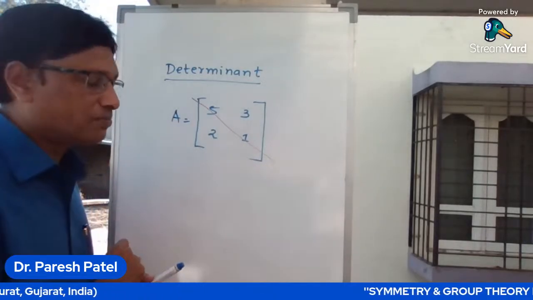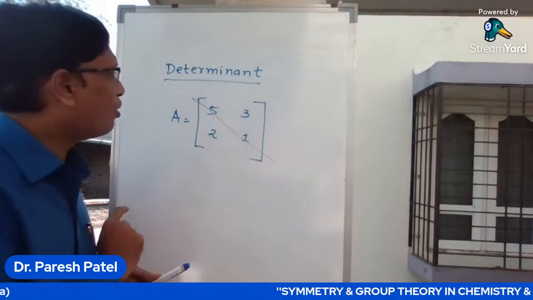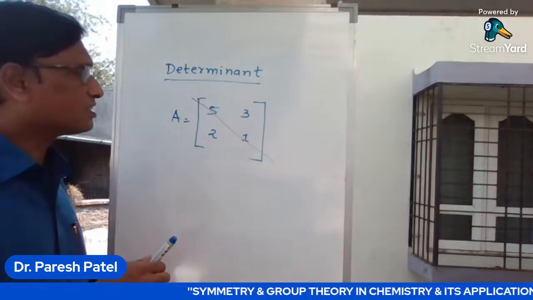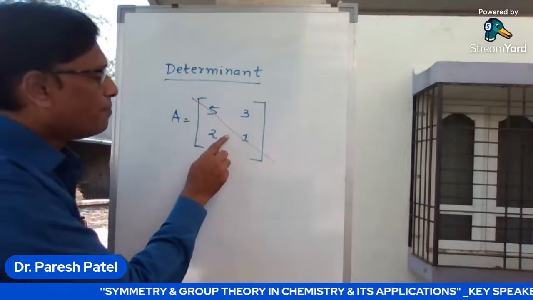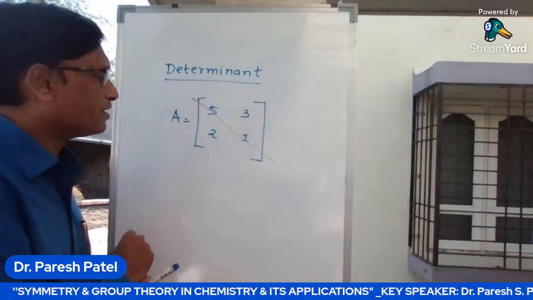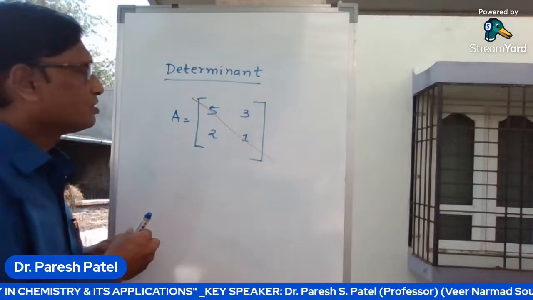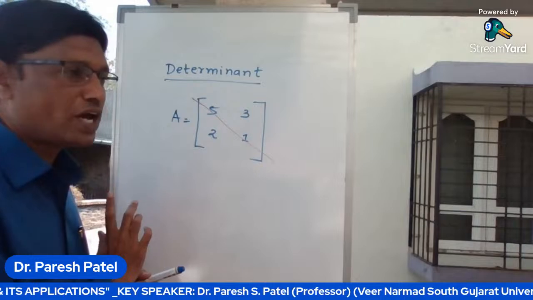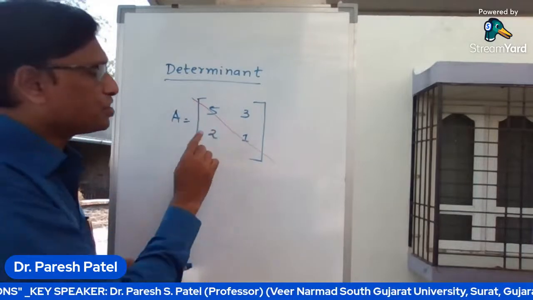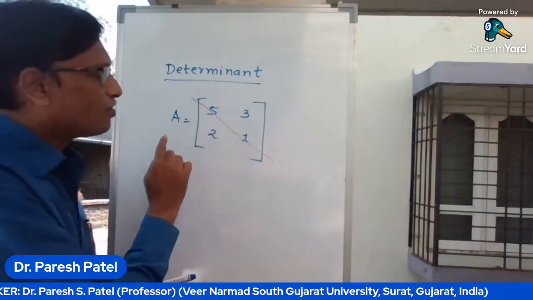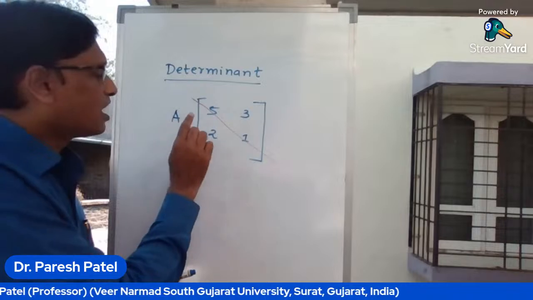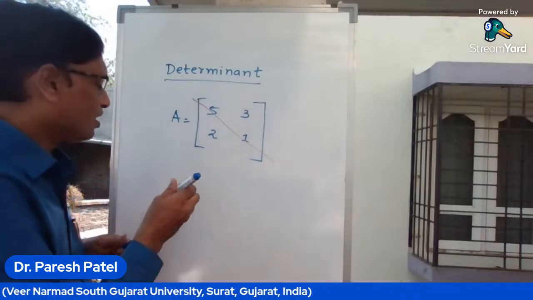This is a 2 by 2 matrix, and 5 and 1 are the diagonal elements. The determinant is the product of the diagonal elements minus the product of the other elements.